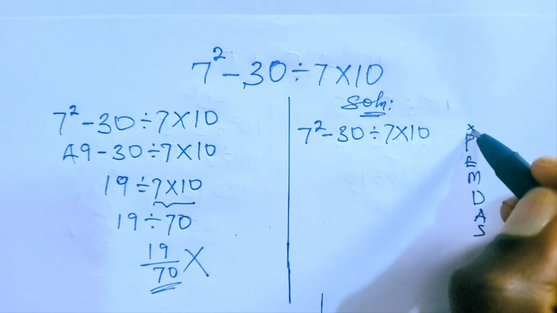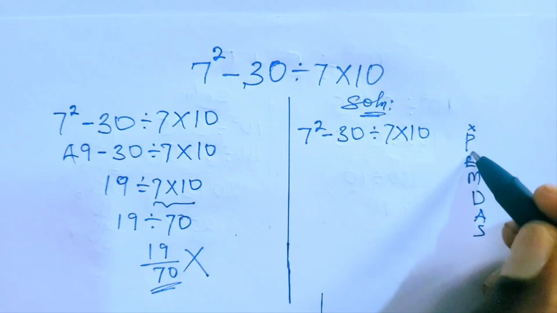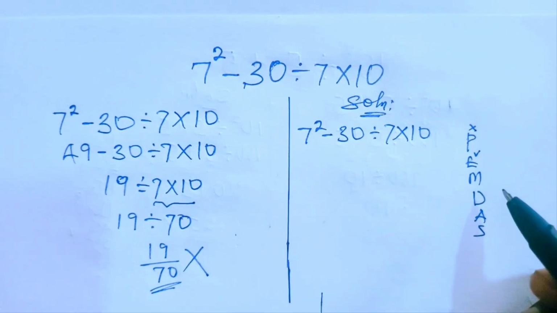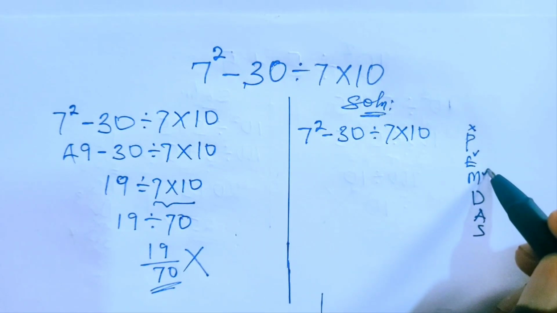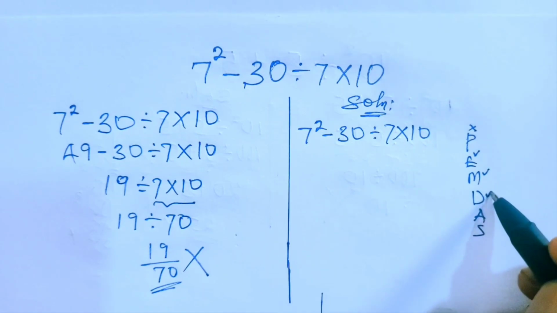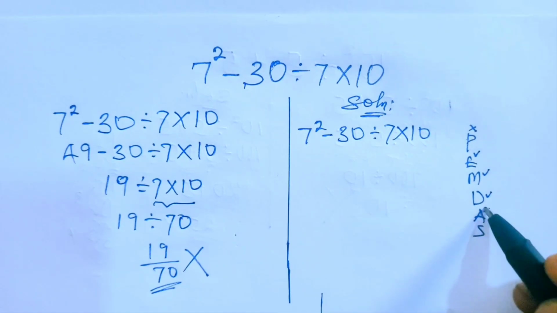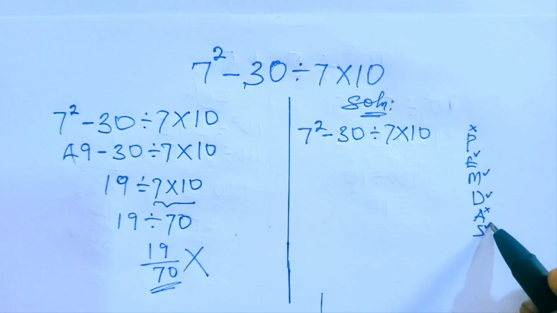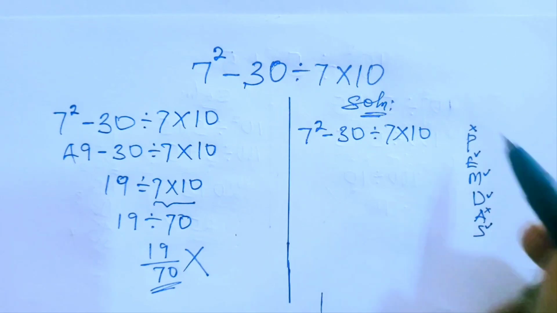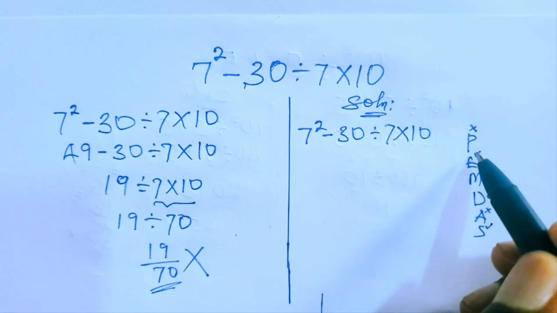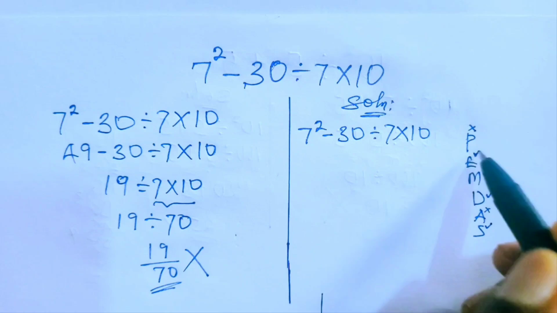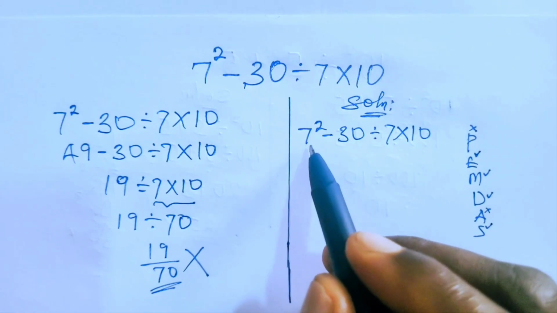There are no parentheses in this expression. We have an exponent, multiplication, division, and subtraction, but no addition.